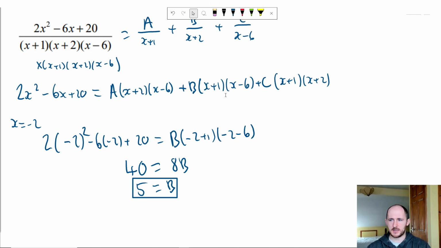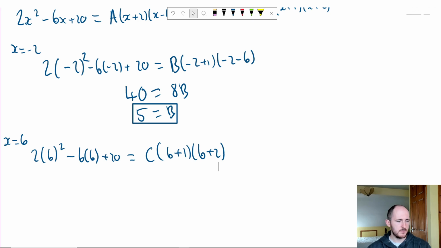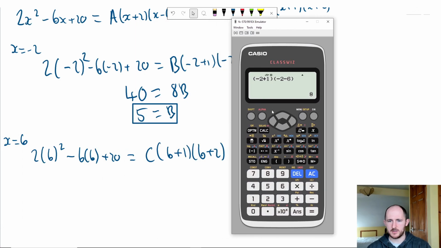So the next one, I'm just going to check the next bracket, which is x minus 6. So to make that equal to 0, I'm going to sub in x equals 6. So again, we have 2 times 6 squared, whoops, minus 6 times 6 plus 20 equals, the first and the second term are going to go to 0, so it's just the last one that's left, which is C. So 6 plus 1, 6 plus 2. And again, no risks because there's no need to risk anything, right?